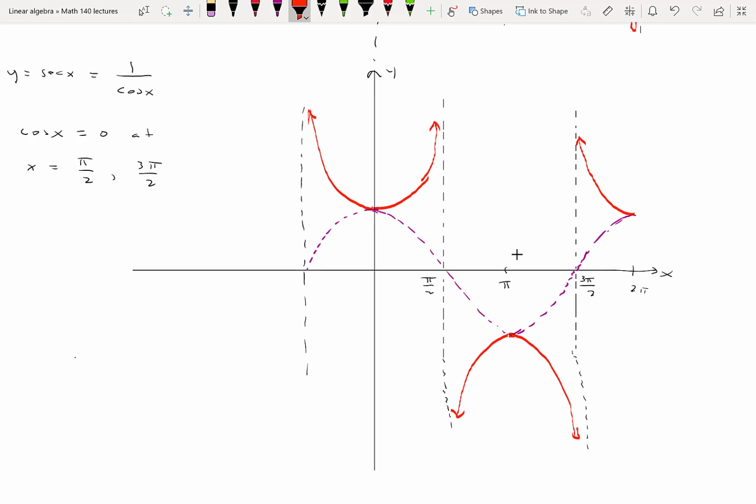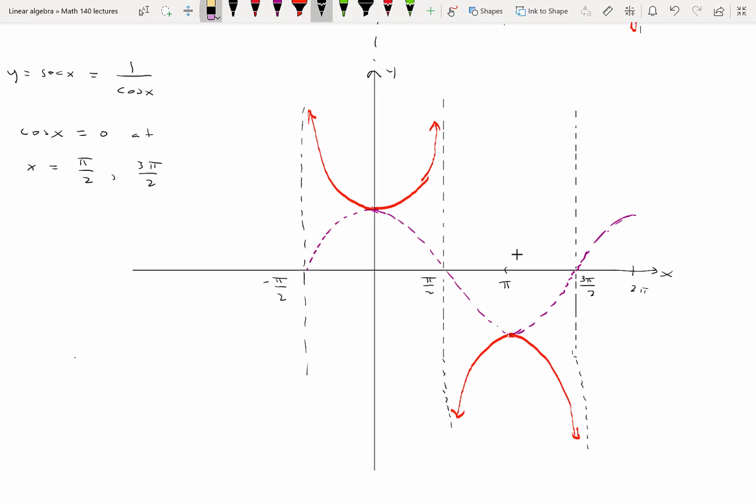So that graph would be between negative pi over 2 and 0. So we have one cup up and one cup down, and a little portion of one that opens up. But that little portion that opens up can be erased because the period of the secant function is 2 pi.